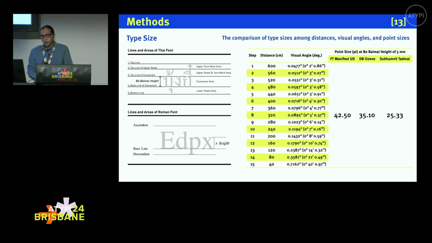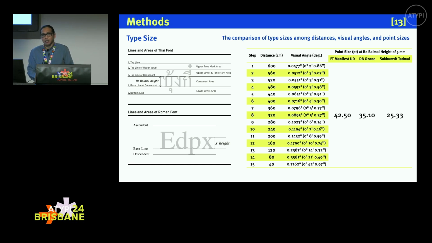About type size used in the experiment. The type size is a fixed size. I set the size for Bobby high at 5 mm. Bobby high is similar to x-height.